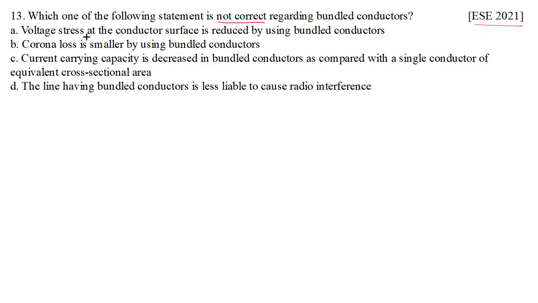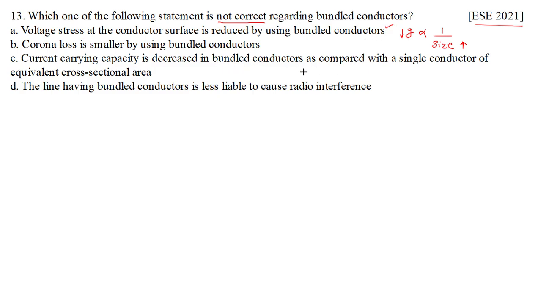Option A, voltage stress at the conductor surface is reduced by using bundled conductor, which is quite true. We have seen that the voltage stress or potential gradient is inversely proportional to the size of the conductor, and in bundled conductor the size is increased. So if size is increased, the voltage stress will reduce.